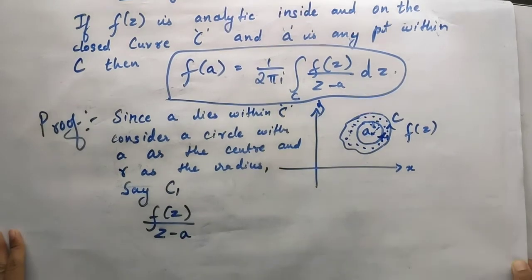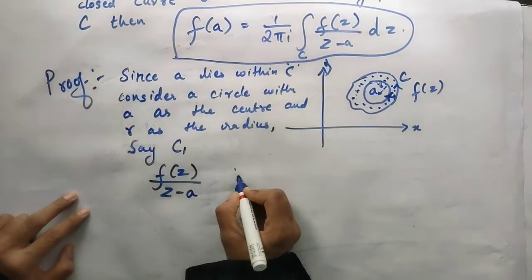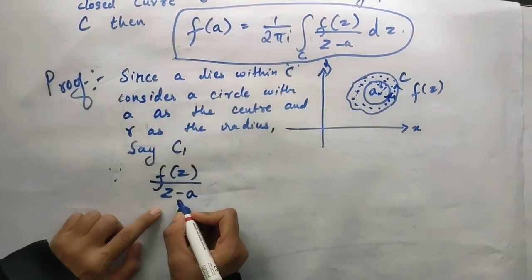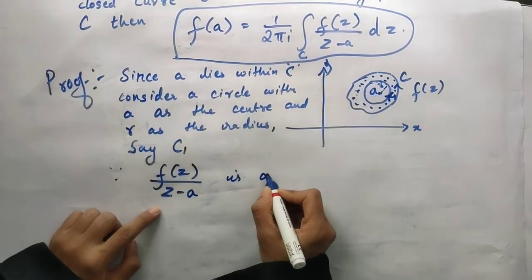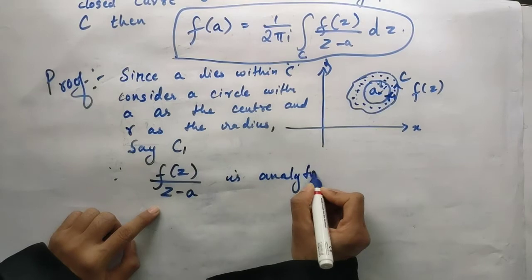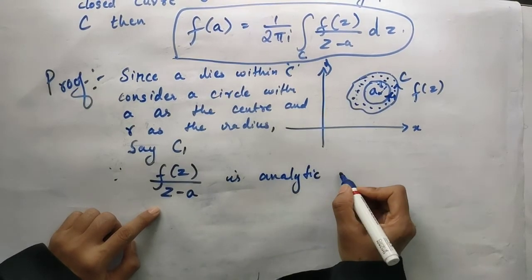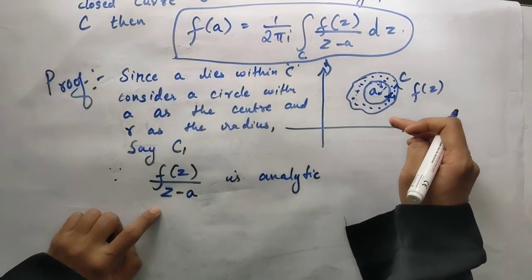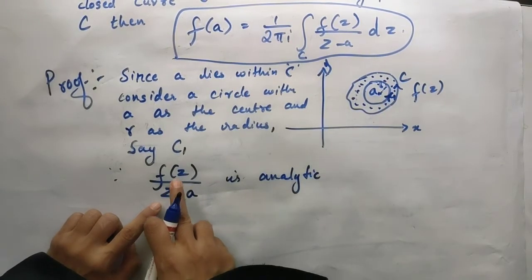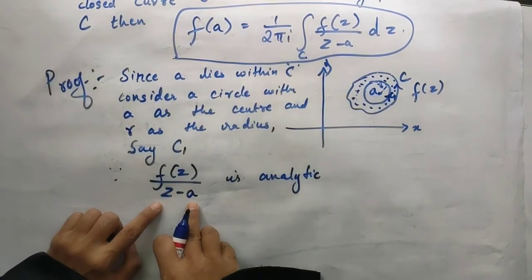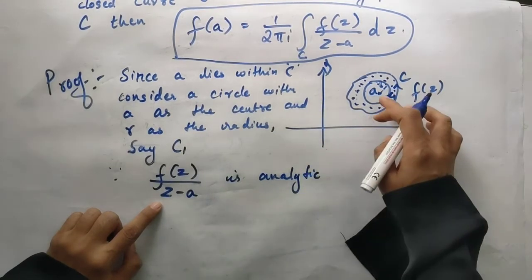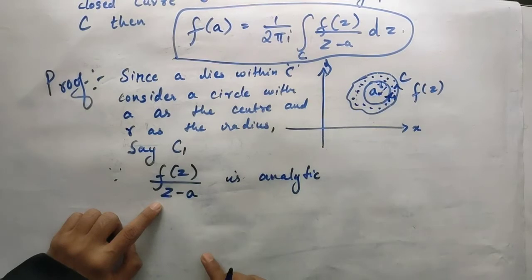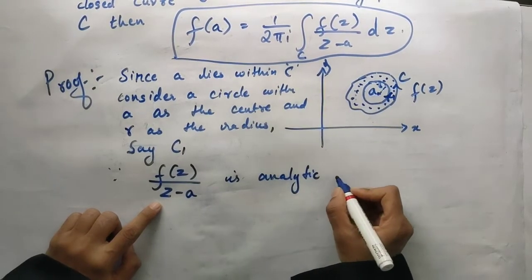So the same thing I am going to say, since the function f of z divided by z minus A is analytic, because f of z is analytic at every point. Yes or no? Right? But if I consider f of z divided by z minus A, that is not analytic at the point z is equal to A. But it is analytic at other points.